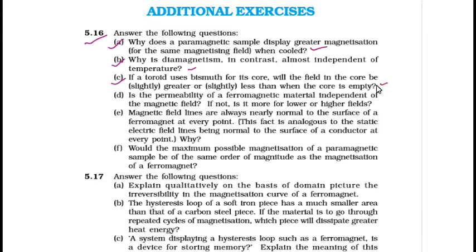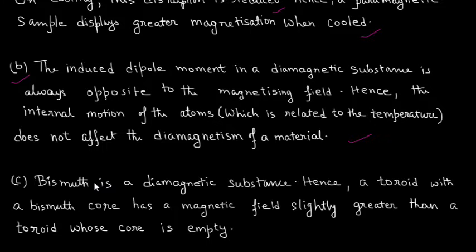So let us see the answer. Bismuth is a diamagnetic substance, hence the toroid with a bismuth core has a magnetic field slightly less than that of a toroid whose core is empty. Let us see the next question.